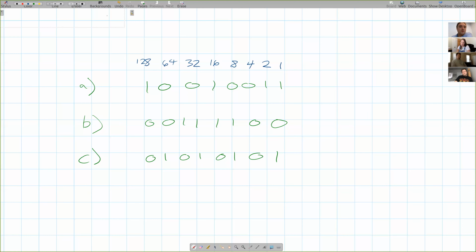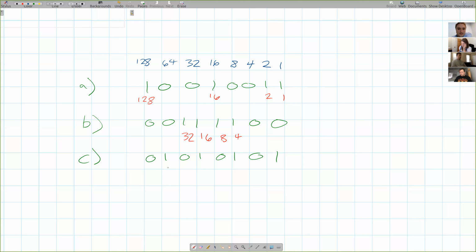So what I do when I'm working through a problem like this is I'll make this grid, and then everywhere that has a 1 has that many things. So I'll say that one's 128, this one's a 16, 2, and a 1. This one is a 32 and a 16 and an 8 and a 4.